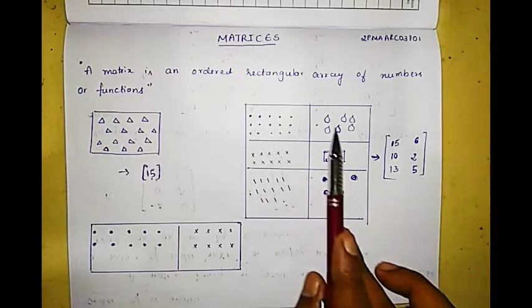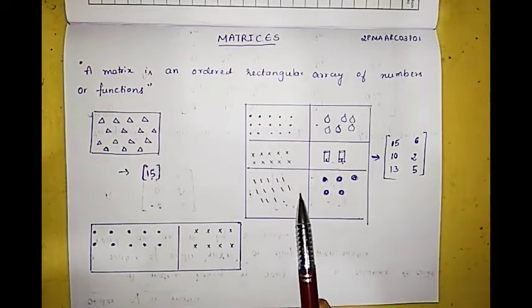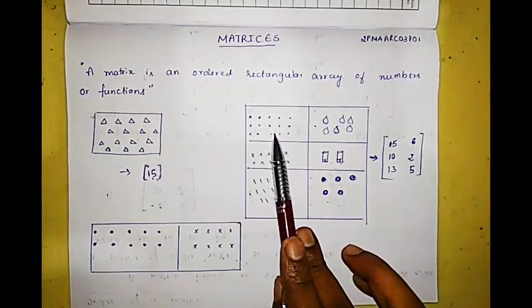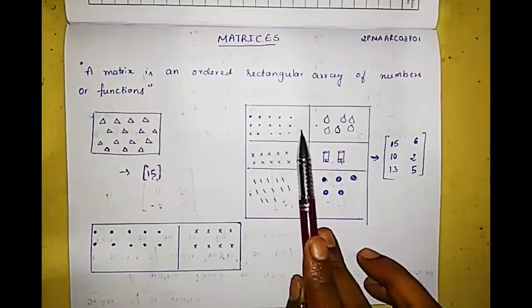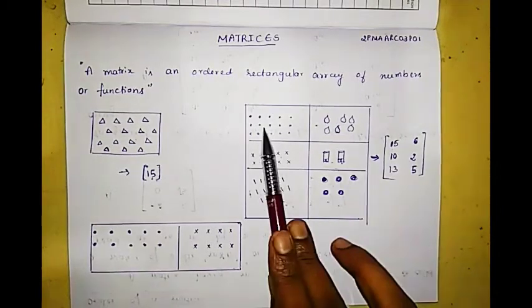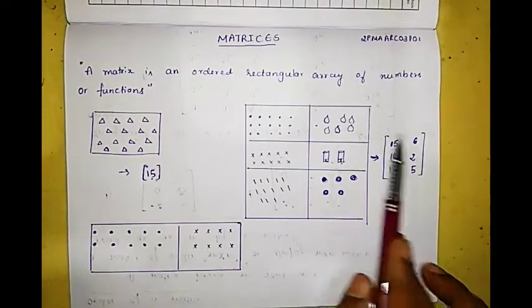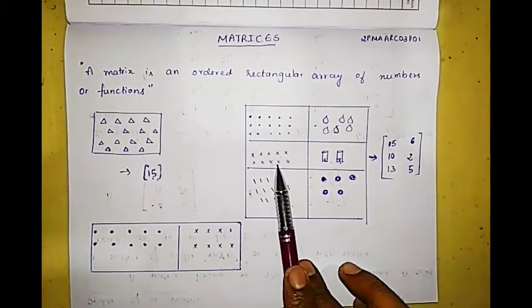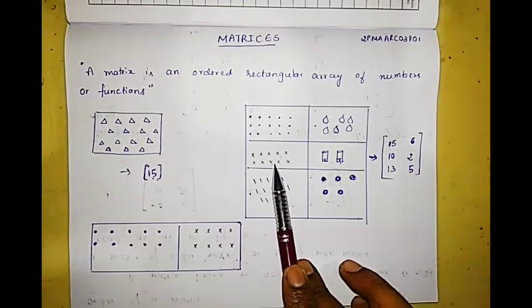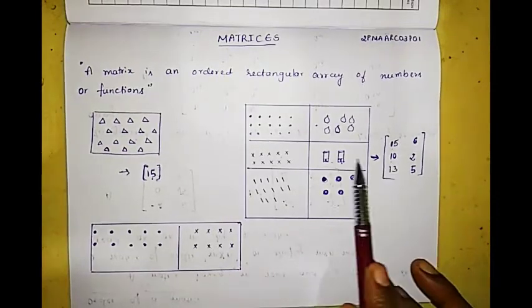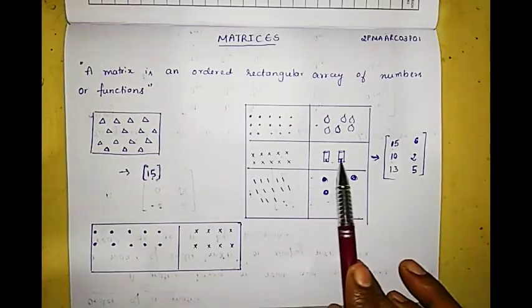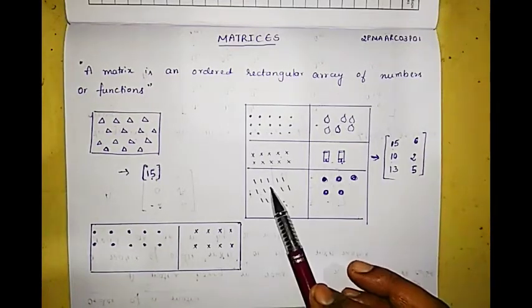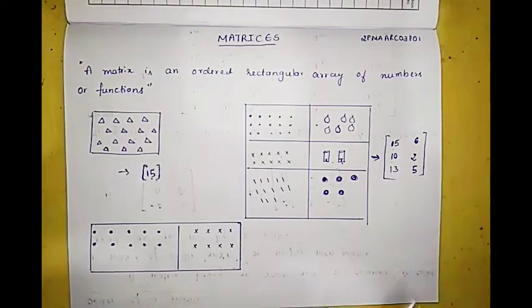Now you can see the elements inside these cells. I can represent this in terms of numbers. The first cell contains 15 elements, first horizontal line. The second cell contains 6, second horizontal line, first vertical column contains 10 stars, and second horizontal line, second vertical column contains 2 objects, similarly 13 and 5.